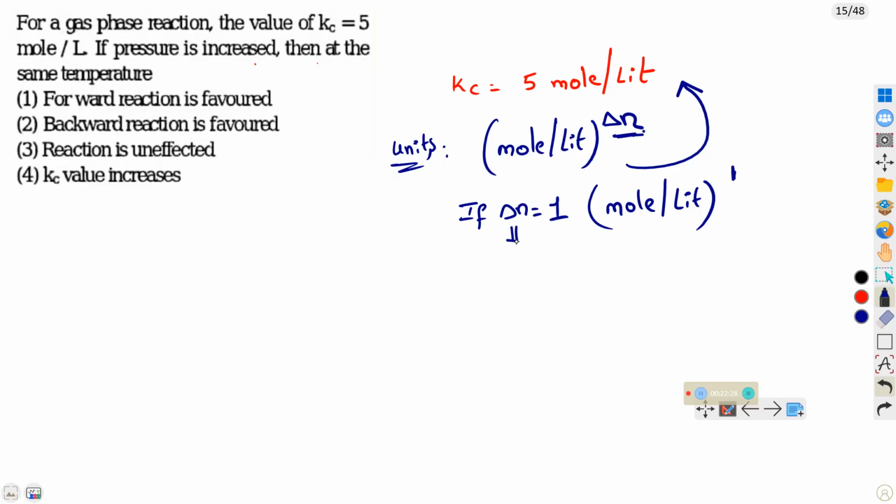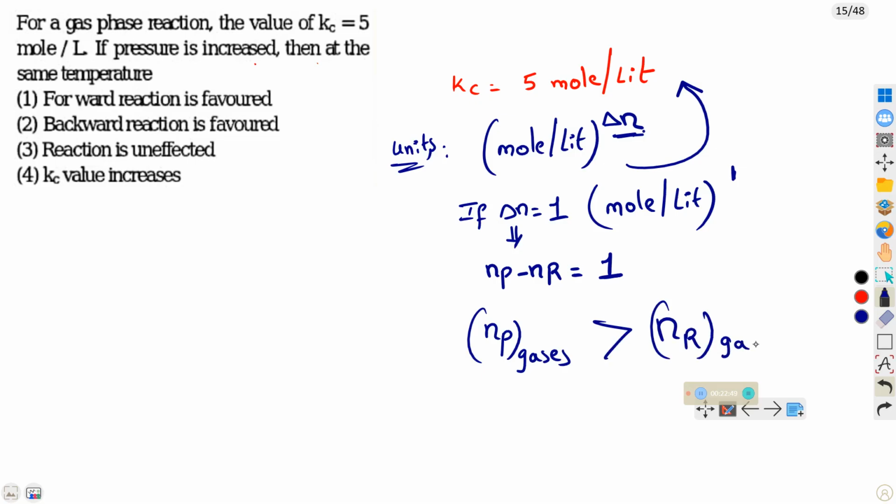How to calculate the delta n value? It is Np minus Nr, which is equal to 1. So delta n is positive. Delta n positive means the number of moles of gaseous products is more compared with the number of moles of gaseous reactants.